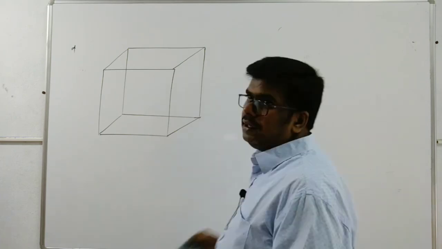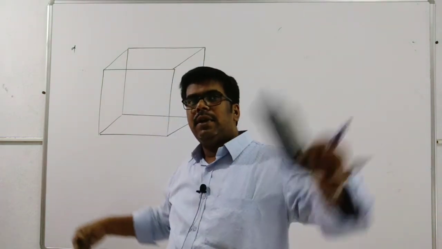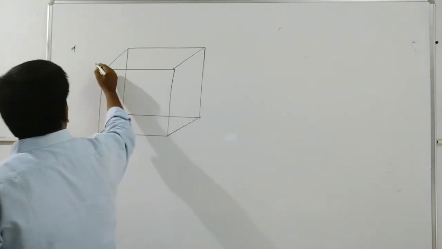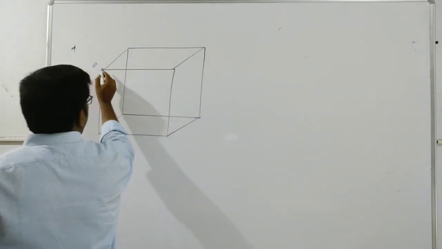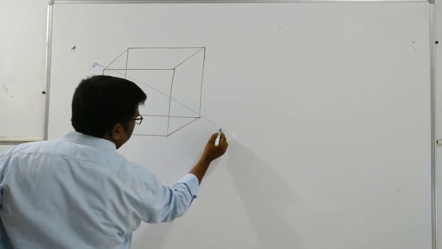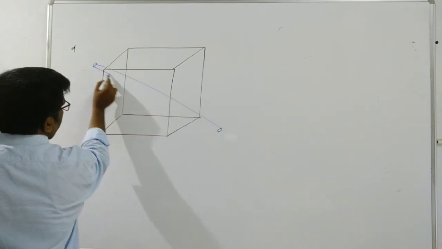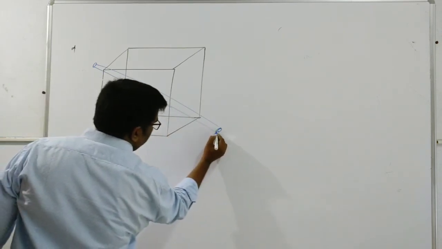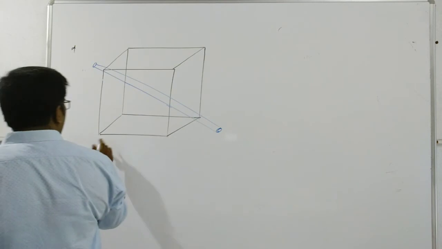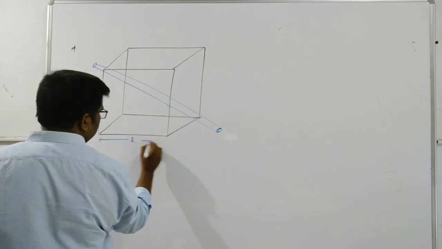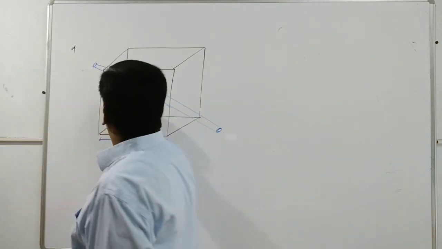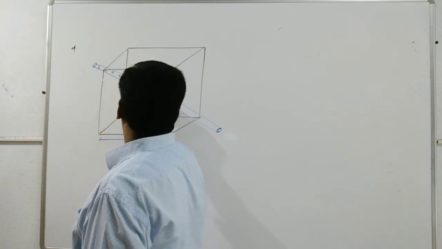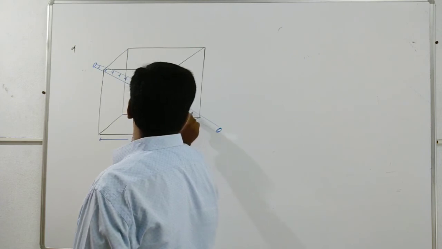The conductor is passing diagonally, from that corner to this corner like this. And this side length is L. So we have a charged conductor like this, having linear charge density lambda.